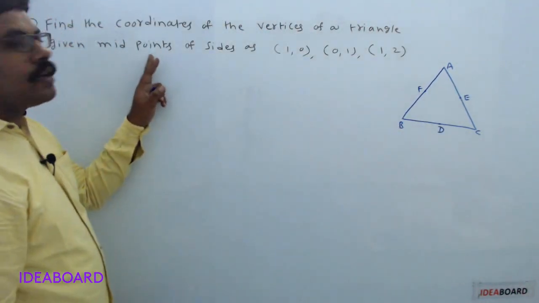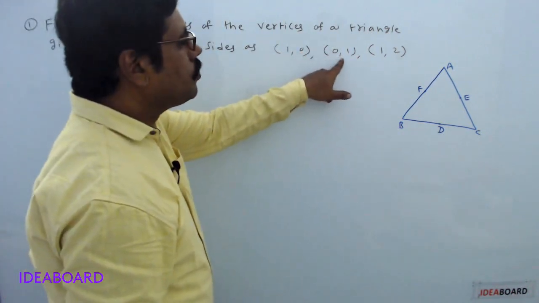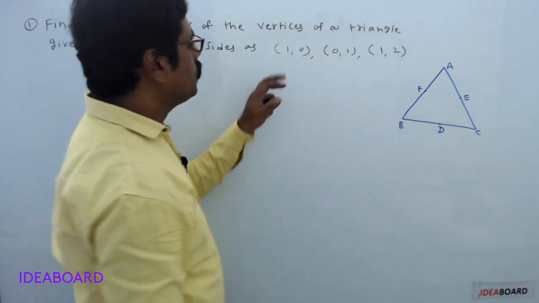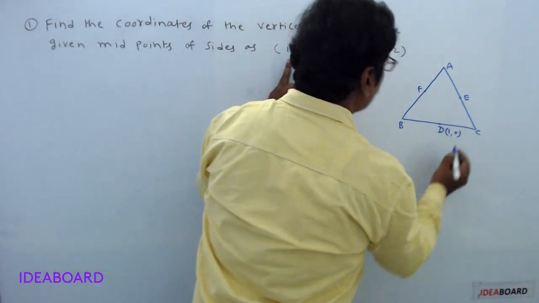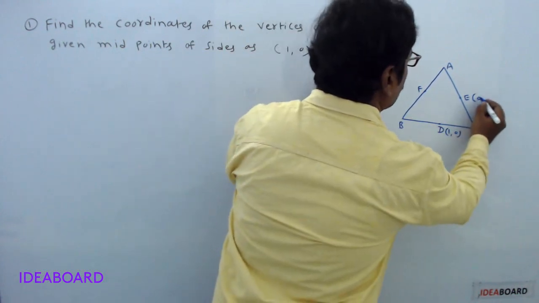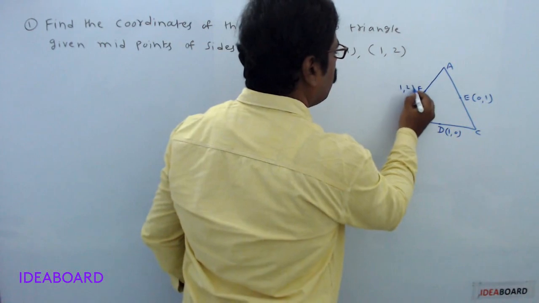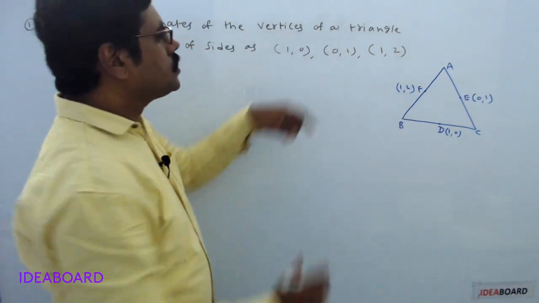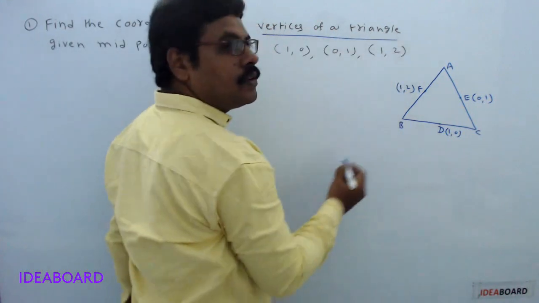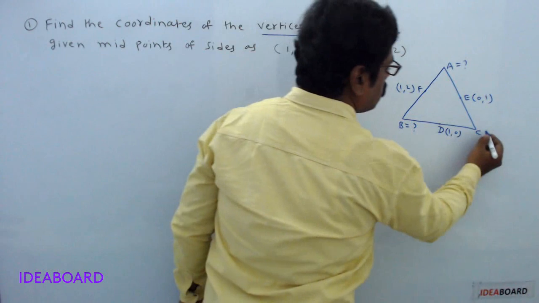Here midpoints of sides are given as (1, 0), (0, 1) and (1, 2). D point coordinates are (1, 0), E point coordinates are (0, 1), F point coordinates are (1, 2). So we need the vertices of the triangle: A point, B point, C point.